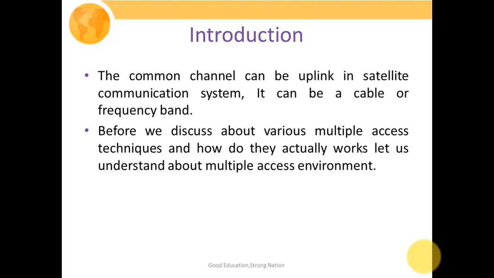Before we discuss various multiple access techniques and how they actually work, let us understand what the multiple access environment is. In order to understand it, we could take the example of any of the above examples that we have given. We could consider a satellite communication system, or wired or wireless communication systems, but since we are dealing with wireless communication systems, we will only focus on our mobile communication system.